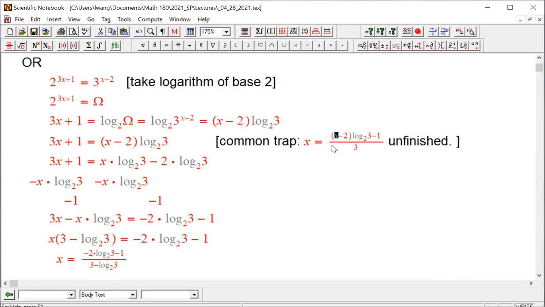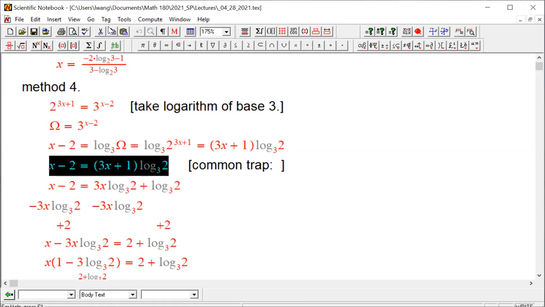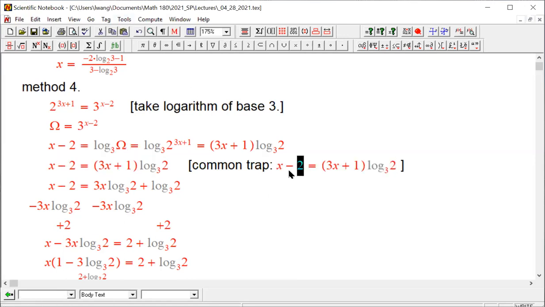And there's another trap a student gets to, which is from here, right? Similar. Common trap. This student will take this one, adding 2 on both sides.